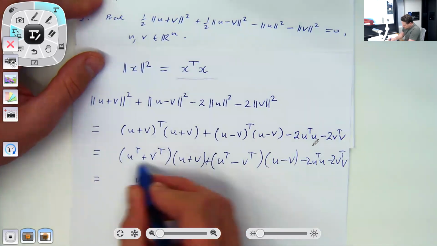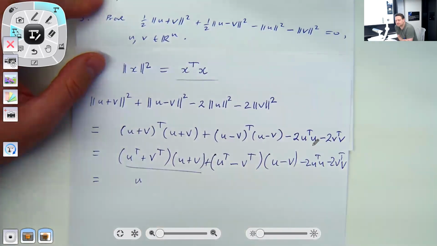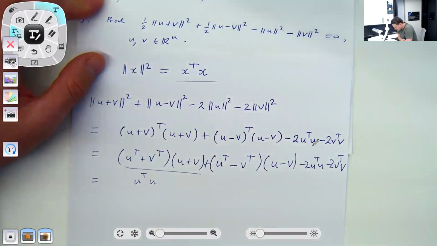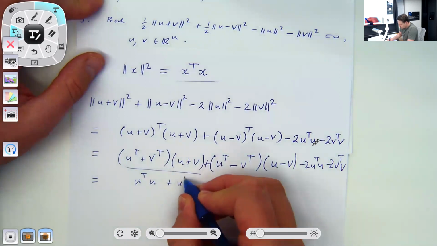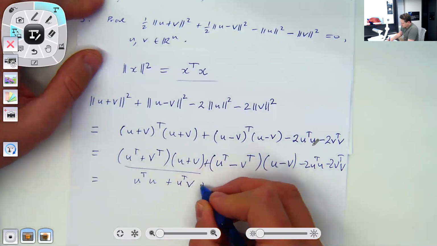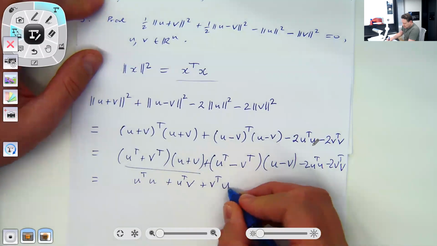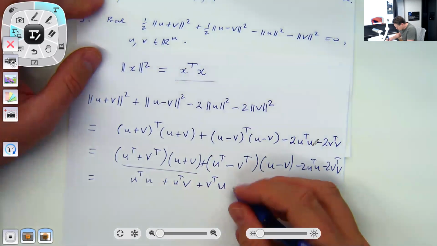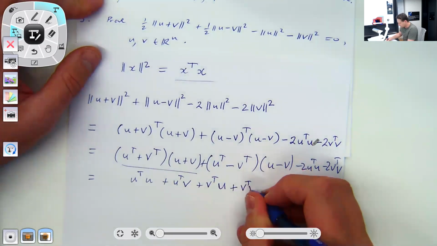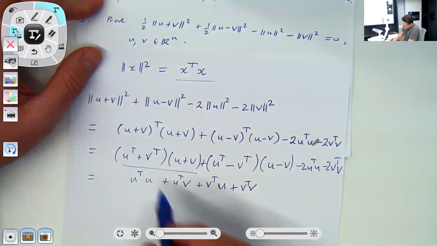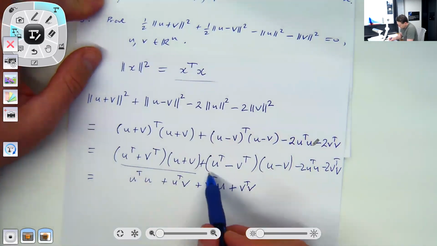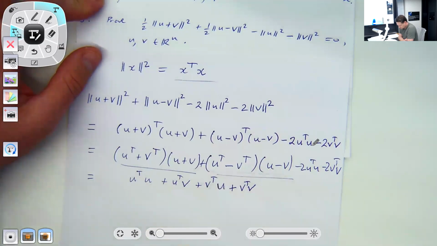So from this one, we get 4 terms, remember. So u transpose u, and then plus u transpose v, and then plus v transpose u, and you have to keep the order as they come, right? And then plus v transpose v. All right, so that's this one that I've underlined. Now the next one, this one right here, double underline, I'll put straight underneath it.